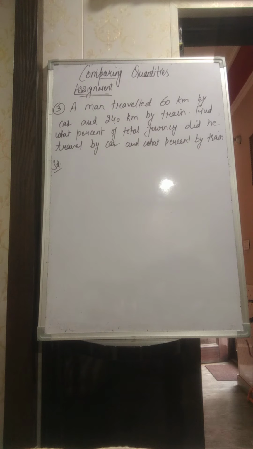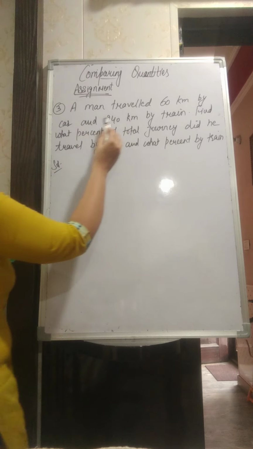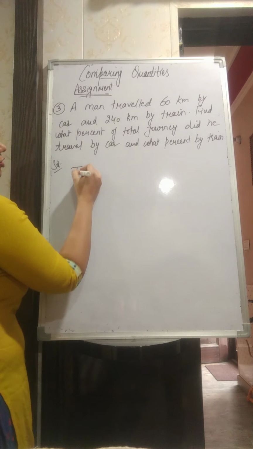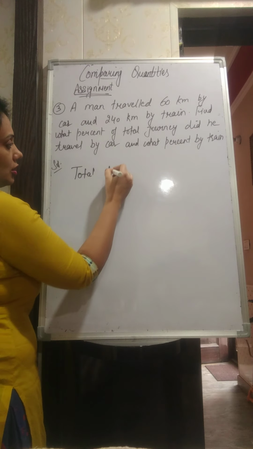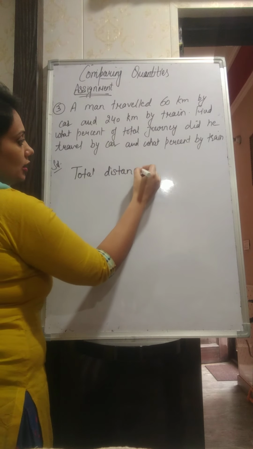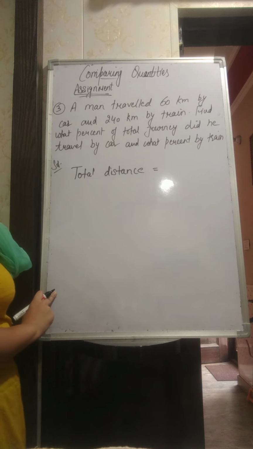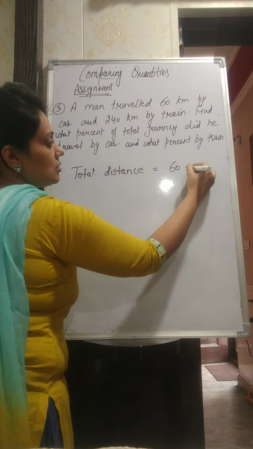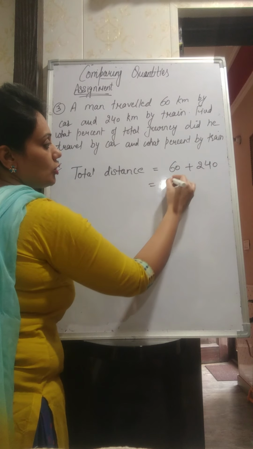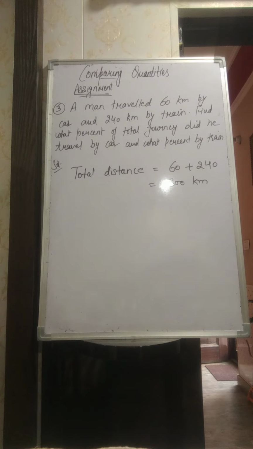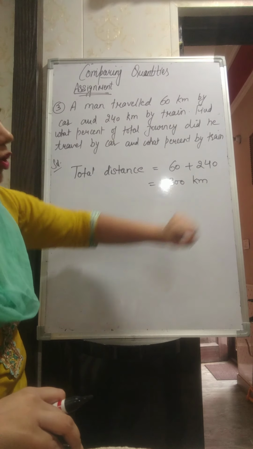So now in this question, what is given to us, that a man is traveling 60 km by car and 240 km by train of his total journey. So from here we can write the total distance which he has to cover, that is 60 km plus 240 km. So the total distance which the man has to travel is 300 kilometers.